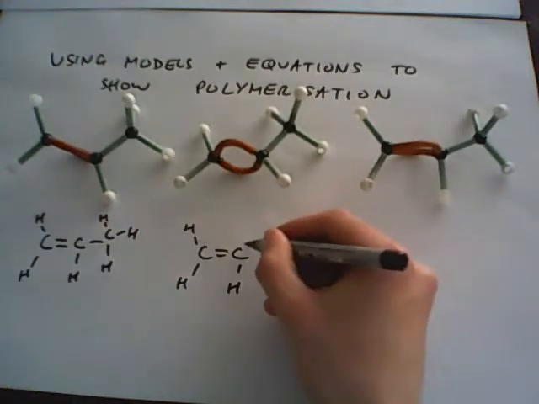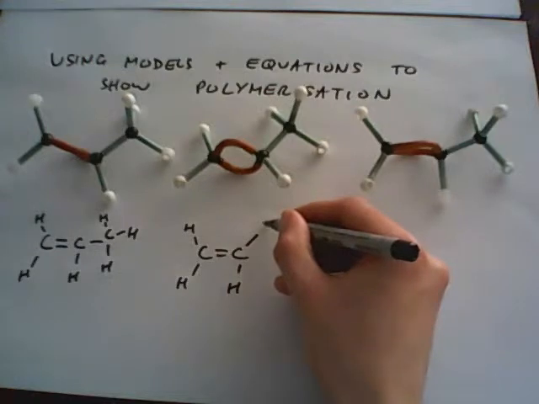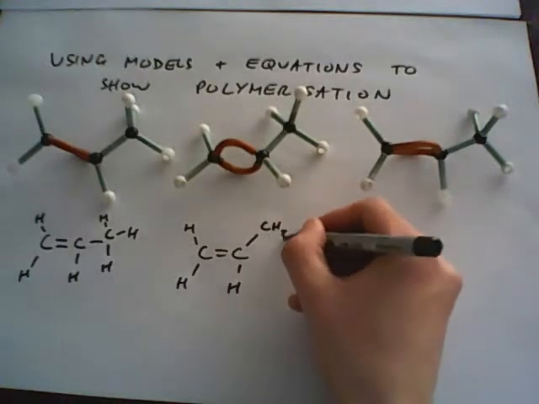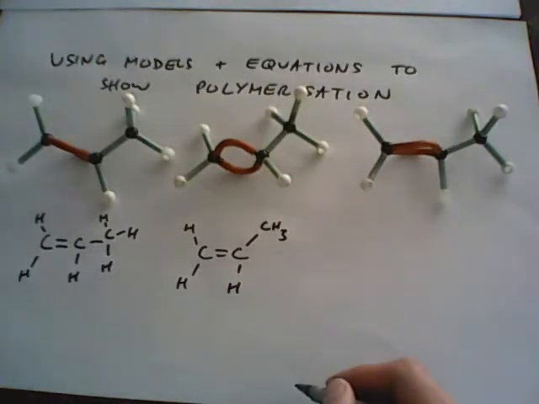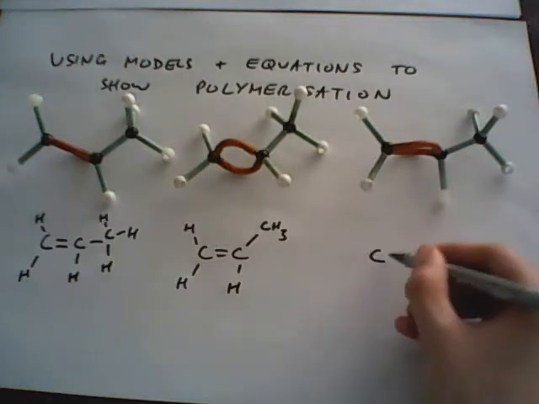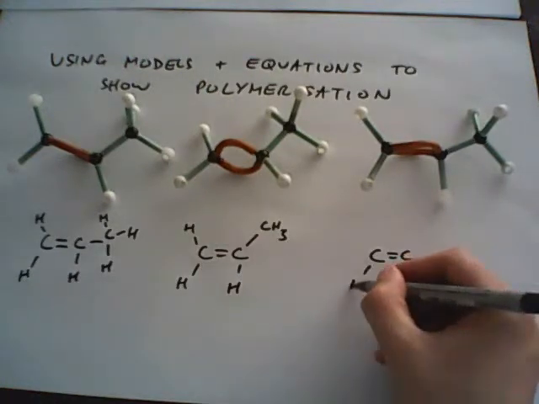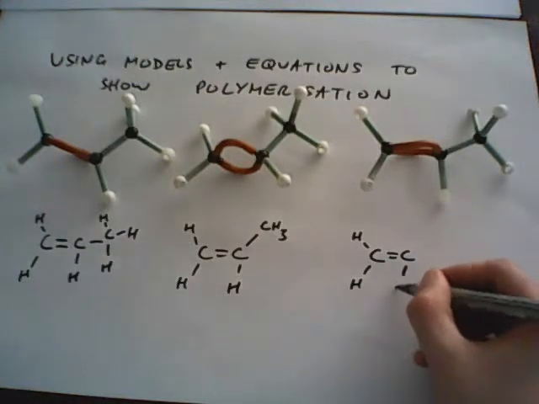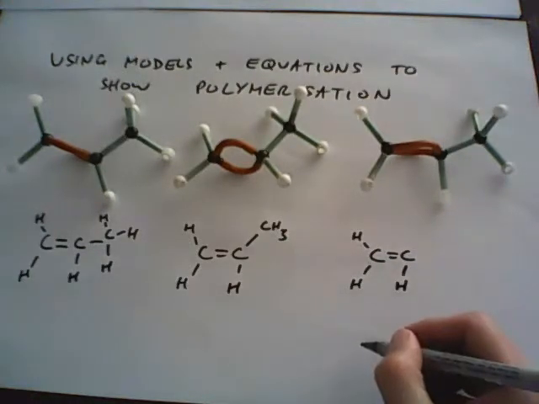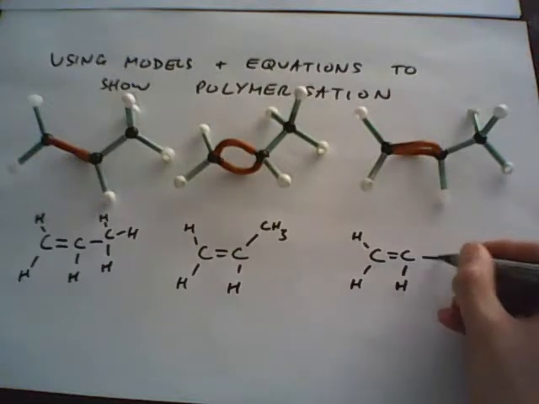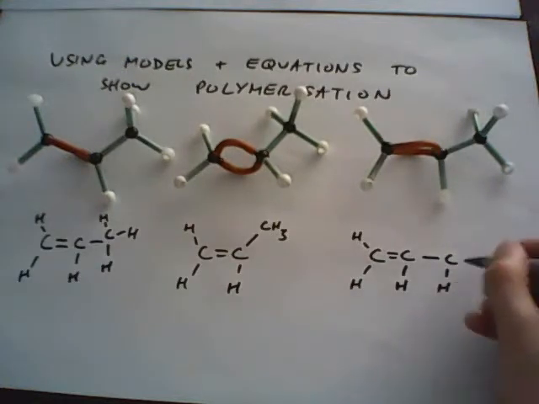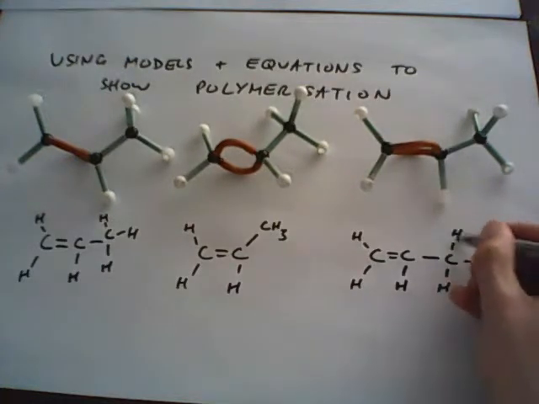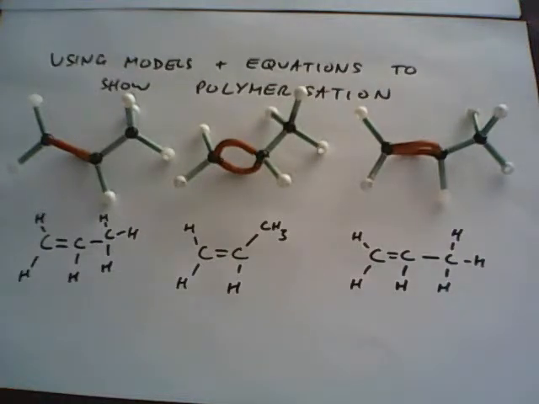Now this time I'm going to show this as CH3. Okay, so C, double bond C, H, H, H, and this time I'm just going to show it as a straight chain with 3 hydrogens on the end. So there are some slightly different ways of drawing polypropene.